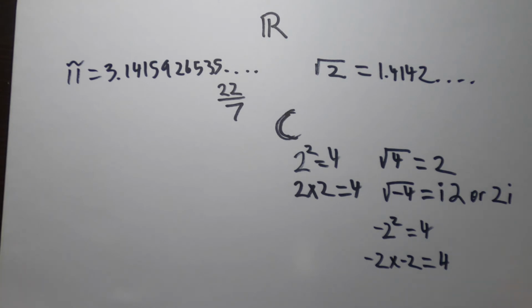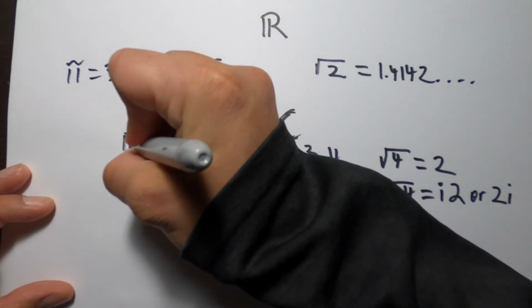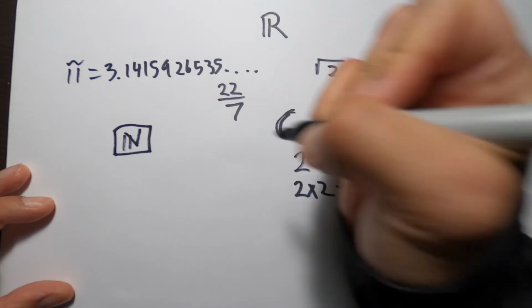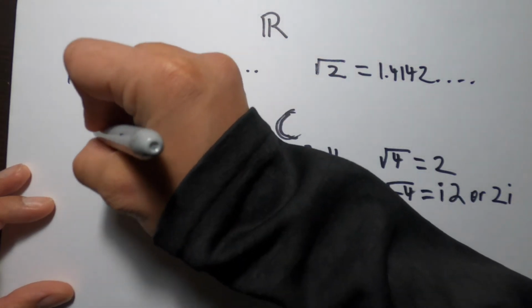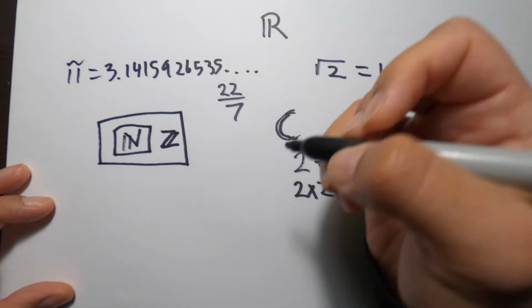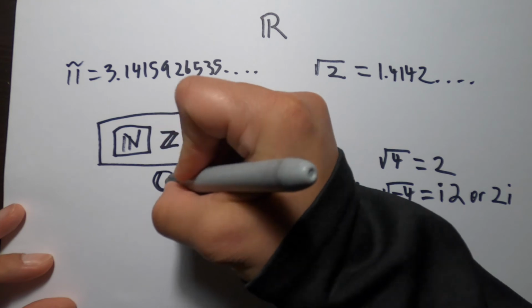But to give you more insight into how this all looks in the bigger picture, if you remember our box, we had natural numbers, then all integers, then all rational numbers.